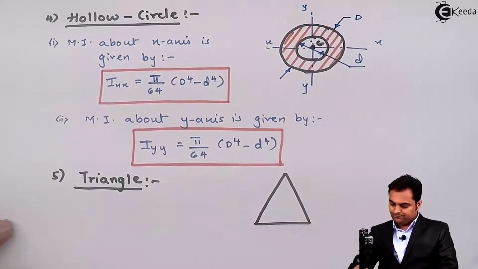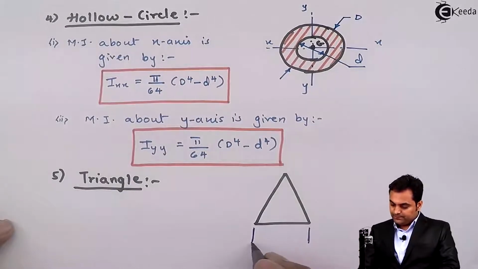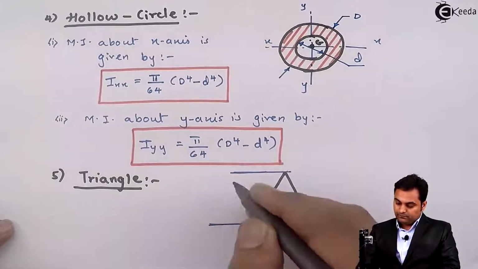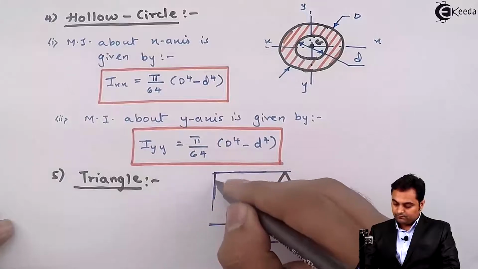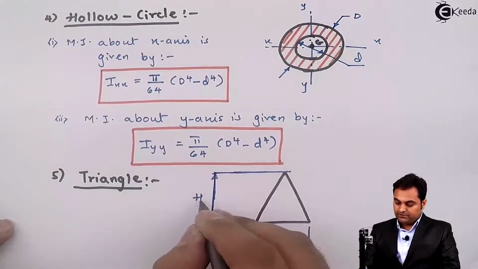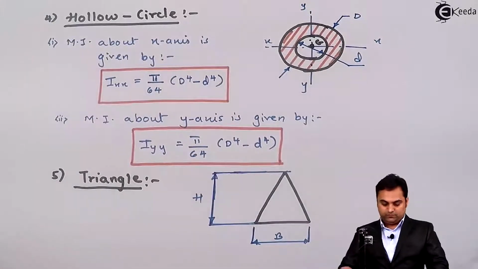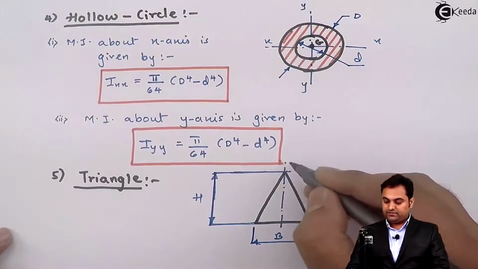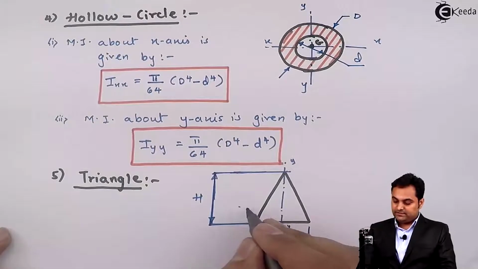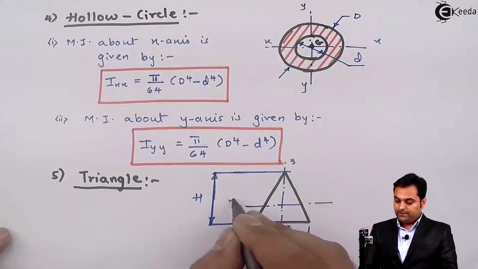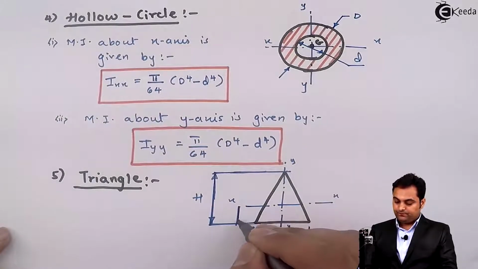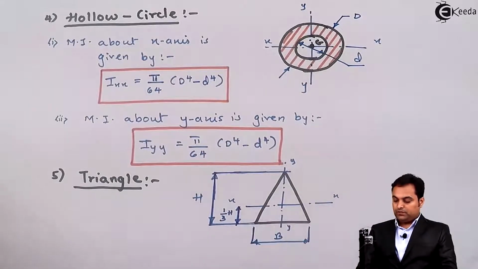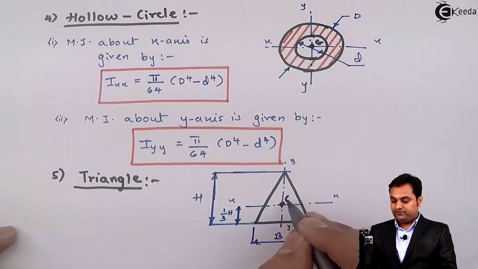Here we have a triangle whose base is B and height is capital H. Now, for this triangle, its y-axis would be passing here and the x-axis will be at a distance of 1 by 3 of capital H, and wherever they intersect, at that point we have the centroid.